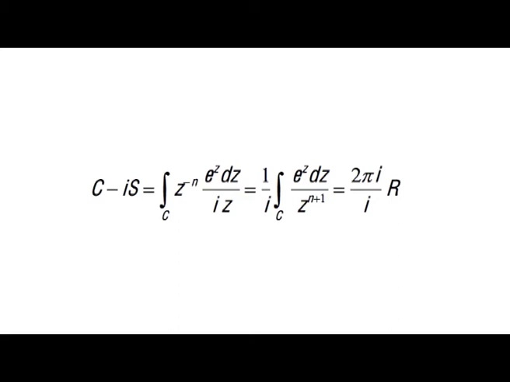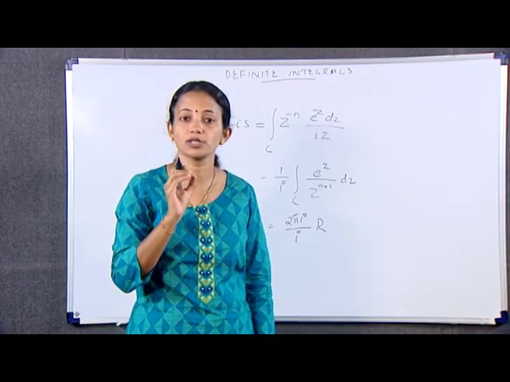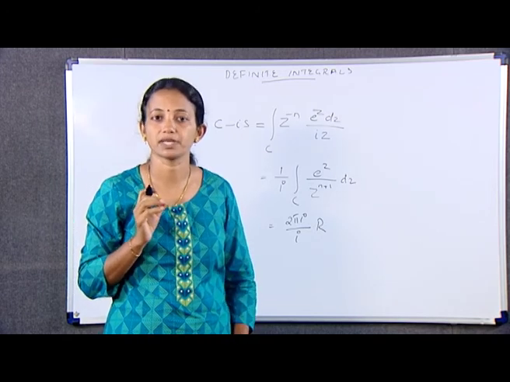This is equal to 1/i times the integral over C of e^z / z^(n+1) dz, which is equal to 2πi/i times R, where R is the residue at z = 0 of e^z / z^(n+1).